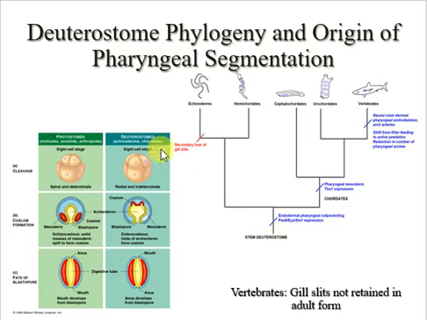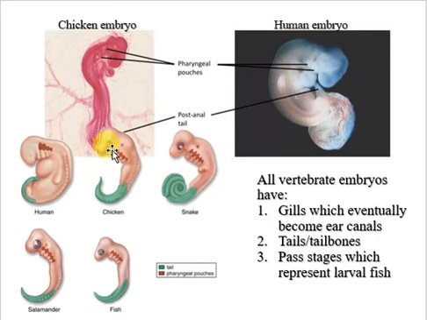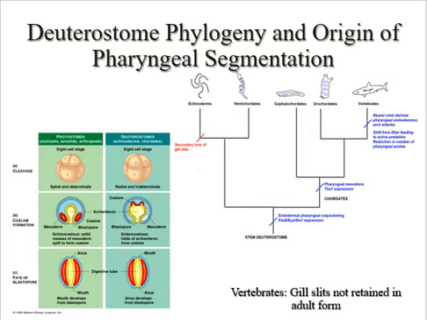Echinoderms had a secondary loss of the gill slits. Chordates retained those gill slits. Vertebrates are separate from other chordates in that they don't retain the gill slits in their adult form. Gill slits is just another term in reference to the pharyngeal pouches, or pharyngeal, however you prefer to pronounce it.